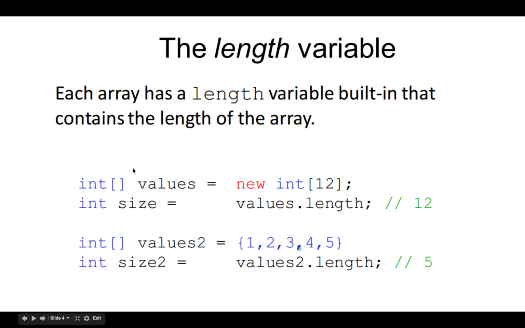In these two examples, you can see that in both cases, when you initialize the array, you already know what the size of the array is. So when you get array values.length, it will tell you how many elements are in the array. If you ever need to find the size of an array, use the parameter length.